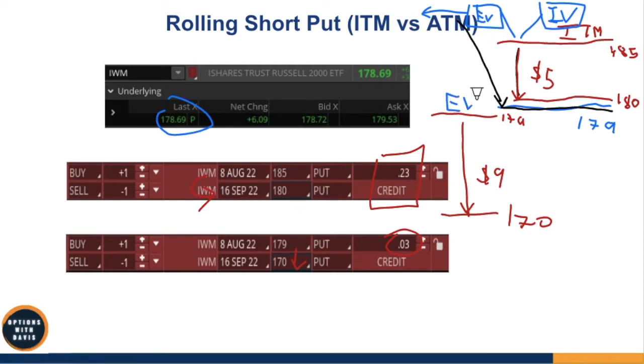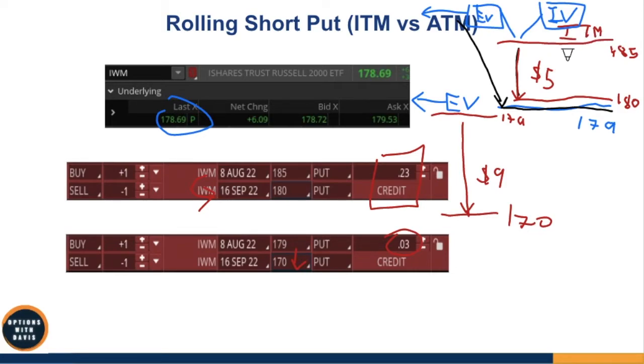So there is a lot of extrinsic value for you to transfer to the following expiration date. That is why when the price is right at the money, you're able to roll much further down compared to if you had that in the money put option.